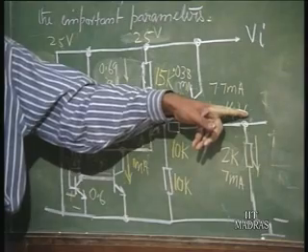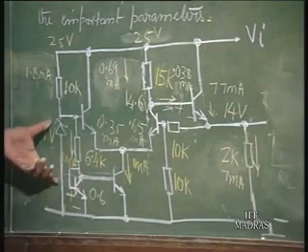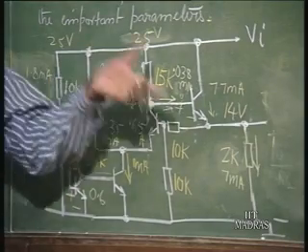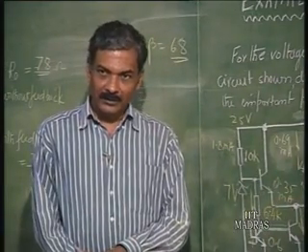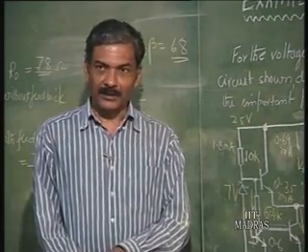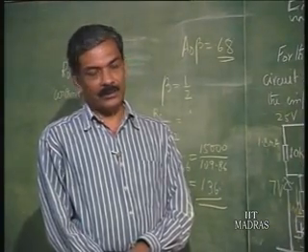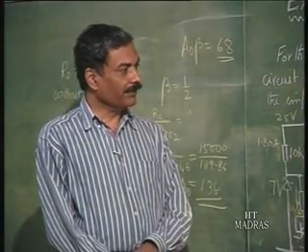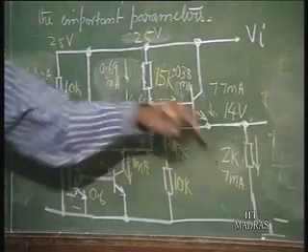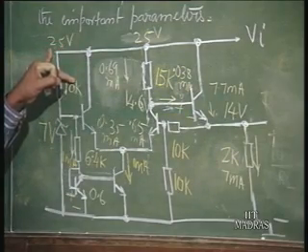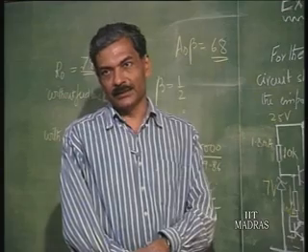So, the ripple rejection is due to the fact that Rz by Rz plus 10K into 2 is the ripple rejection factor, expressed as a percentage, which is what is normally indicated as ripple rejection. So, these are the important parameters associated with this. Apart from that, we can also find out the efficiency. Efficiency here is essentially 14 by 25. I have told you that it is just the ratio of output voltage by input voltage. 14 by 25 is the efficiency of this.